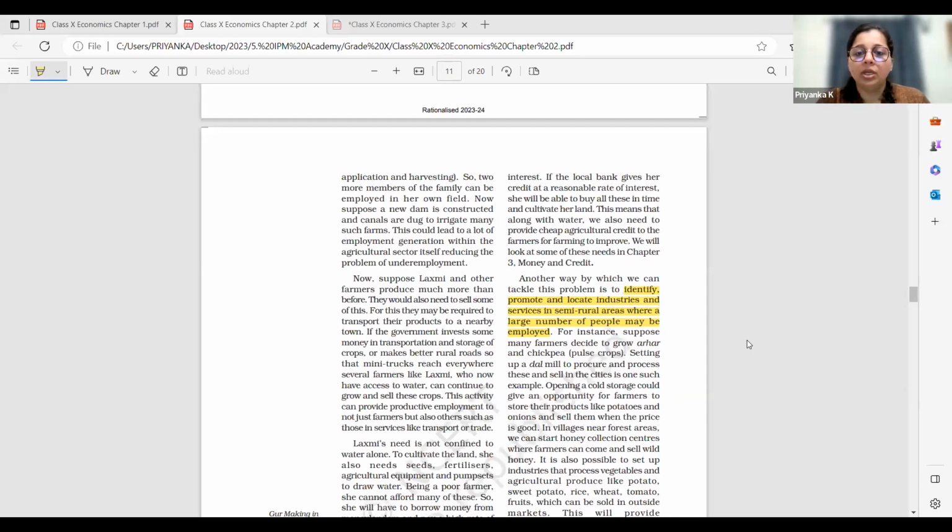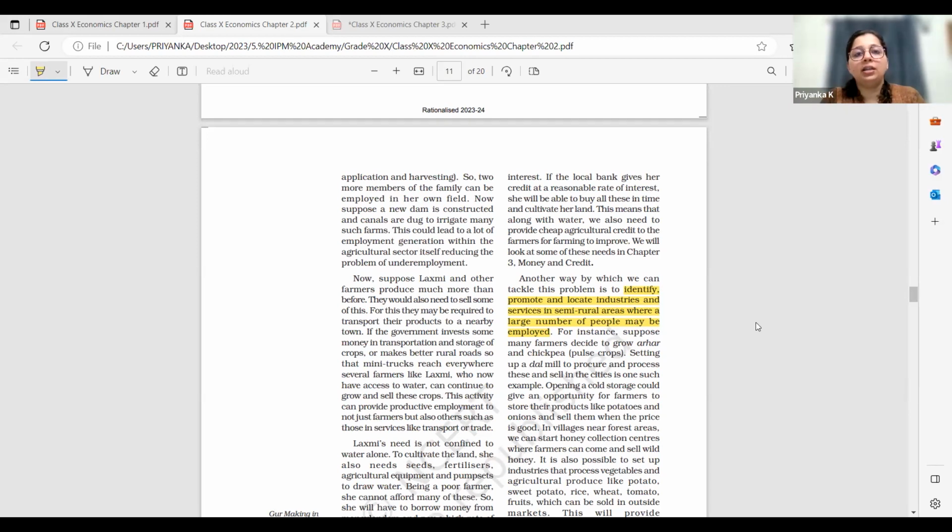That is why some industries go to rural or semi-rural areas, so that they can employ people there and make use of the raw materials from the agricultural sector and convert them into finished goods.